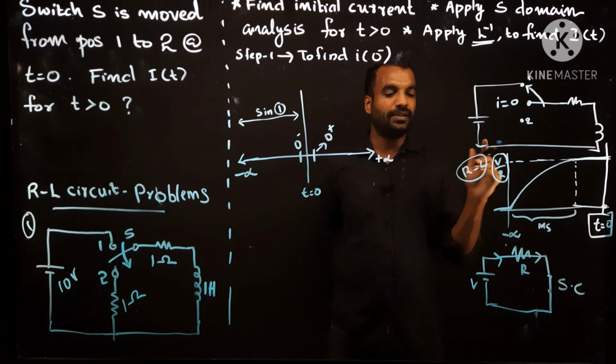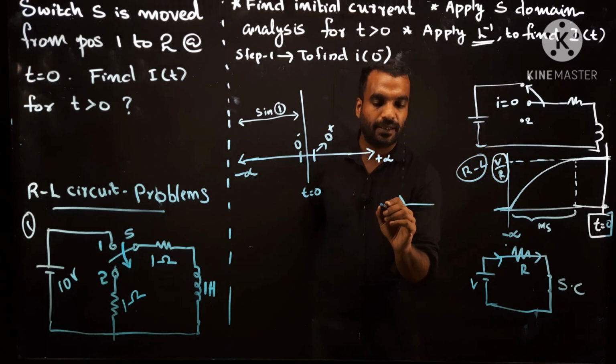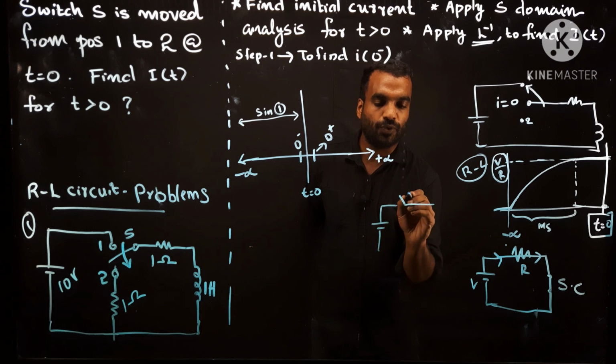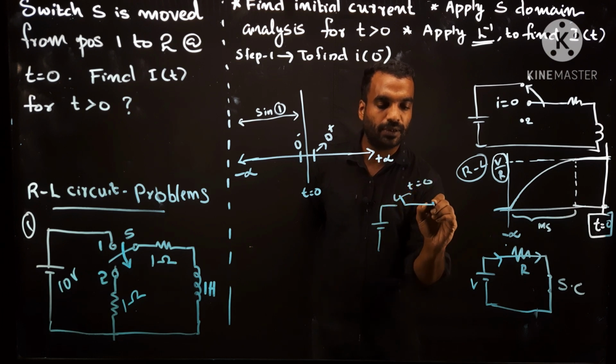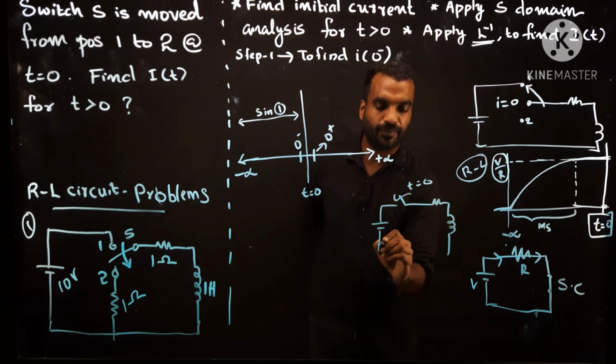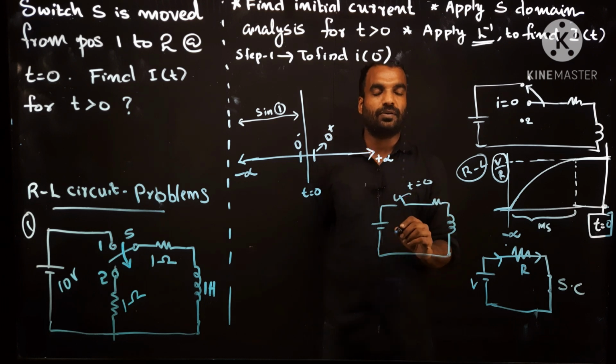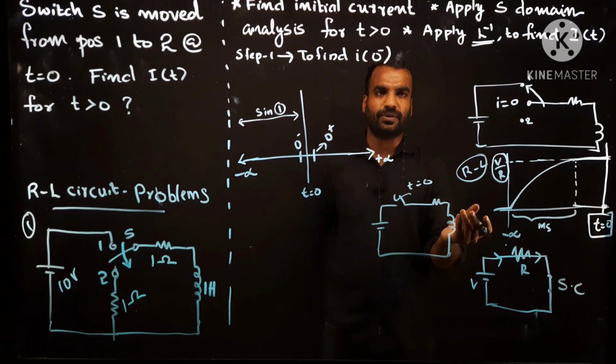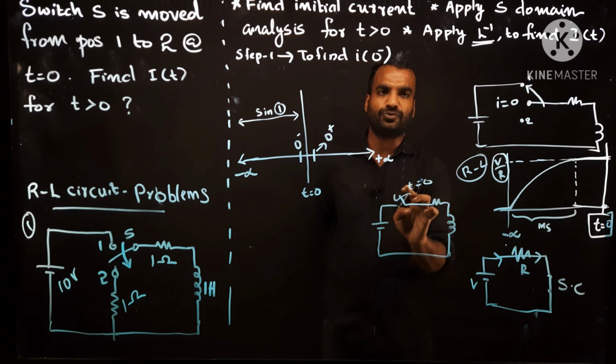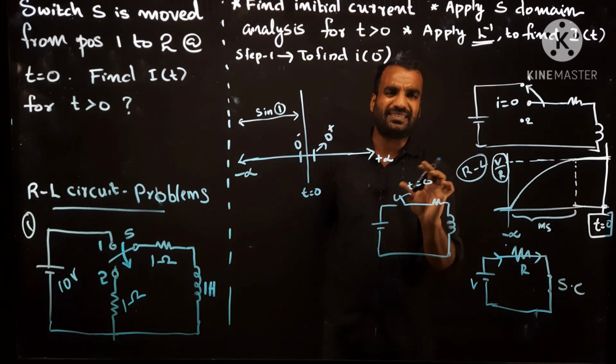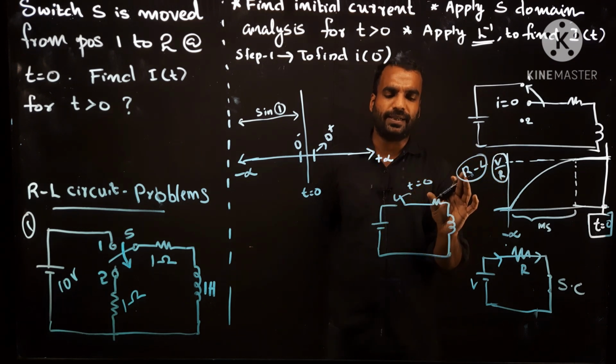If the source is not there, and at t equal to 0 you close the circuit, then it is correct. At t equal to 0, the inductor is an open circuit because no current is there before switching. Just after switching also, the inductor will not carry any current, so it is equivalent to an open circuit.